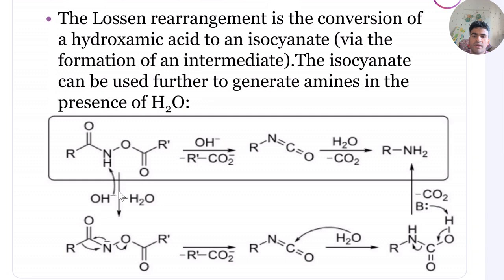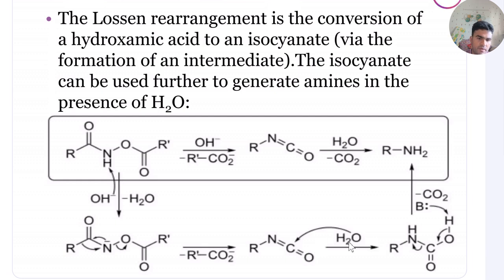So how is this happening? First, the proton will be taken by the alkali from this OH group, and then a rearrangement will take place, that is a 1,2 shift of R from C to N, and it will give an isocyanate intermediate.